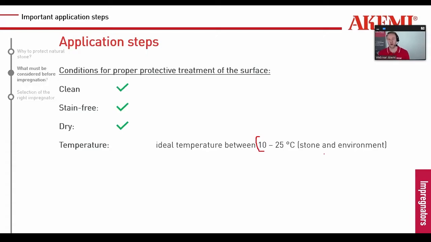What is important, we always recommend that the stone will be treated for about 15 to 20 minutes with a penetrating sealer. If you have higher temperatures or very absorbent material, it can evaporate faster, so the impregnation can dry up faster.